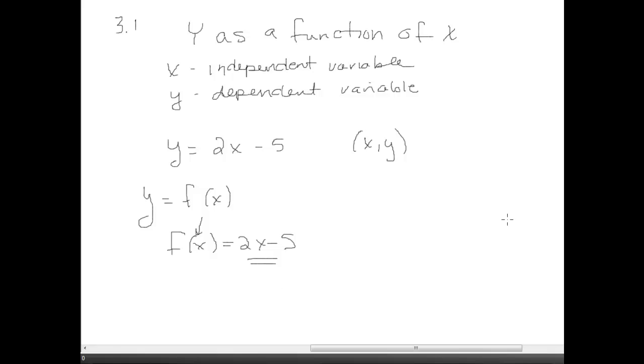So now, just as we were looking at ordered pairs as x, y, we can also think of them as x, f of x.